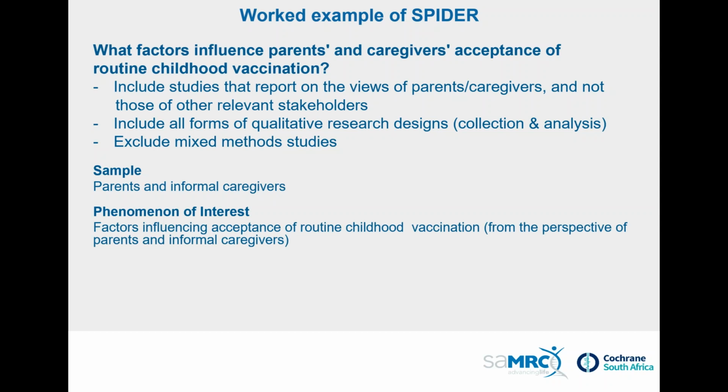So it's quite important to get very specific about what you are actually interested in here. And then the design. So what forms of qualitative research designs are we going to include in this review?